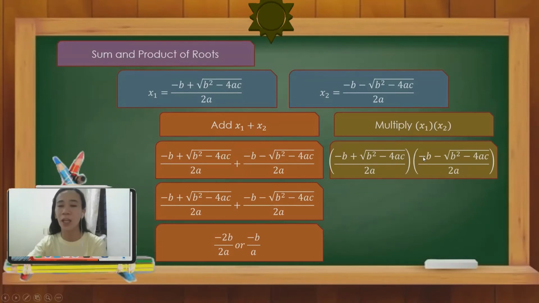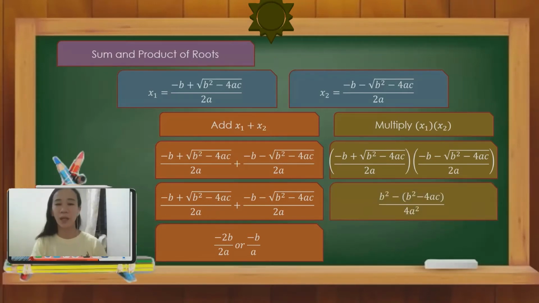That will be negative b square root of b squared minus 4ac. Then it will become 0. Now, square root of b squared minus 4ac times negative square root of b squared minus 4ac will become negative quantity b squared minus 4ac.